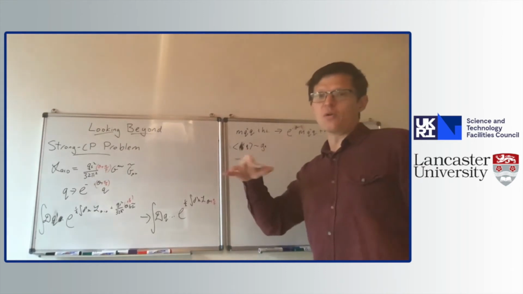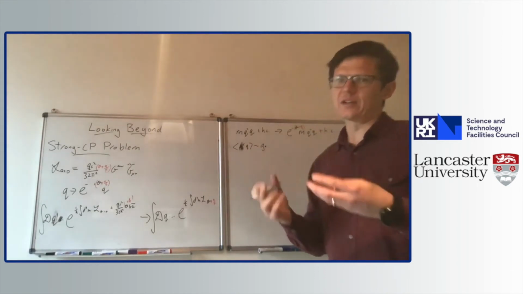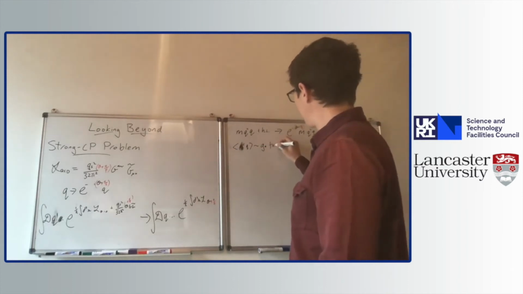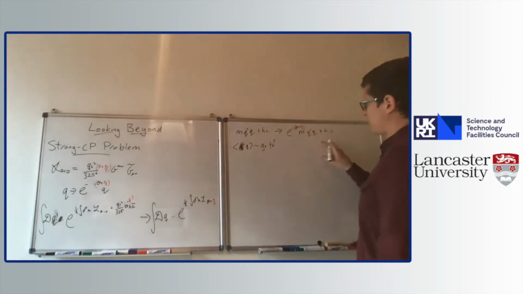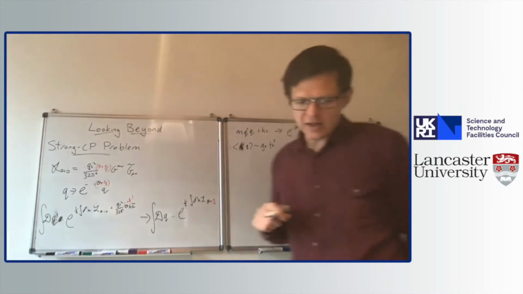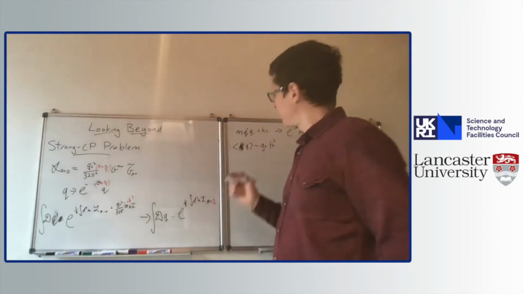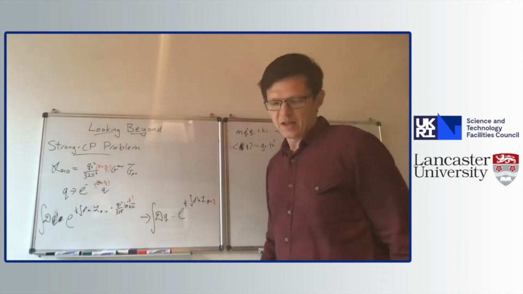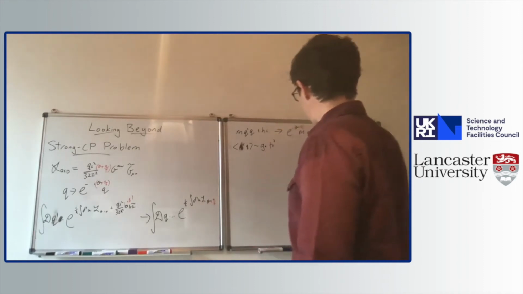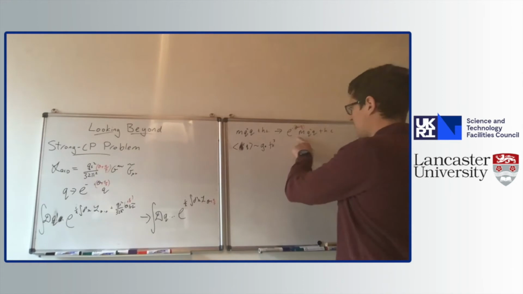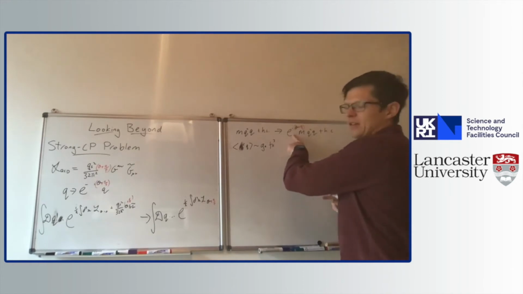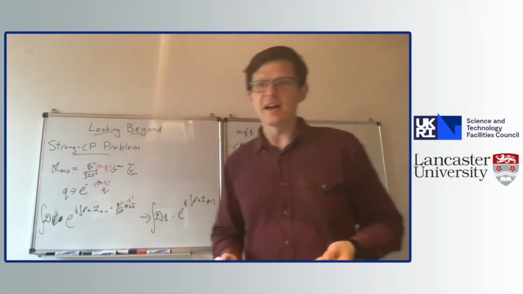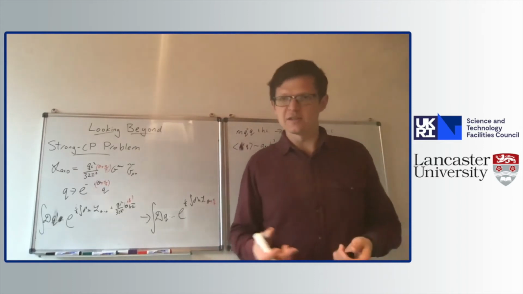This is below the QCD scale, so this is like the QCD strong coupling times f pi cubed. So that was the quark condensate. We can just plug this in here and calculate what happens. If we say that G star f pi is of order m proton, which it sort of is, then the scalar potential that you get from this, this just becomes a number. So you've got a number times e to the i (theta plus a over f), plus the Hermitian conjugate. And we know that e to the i theta plus e to the minus i theta is just essentially cosine.